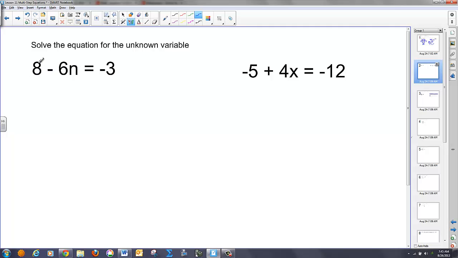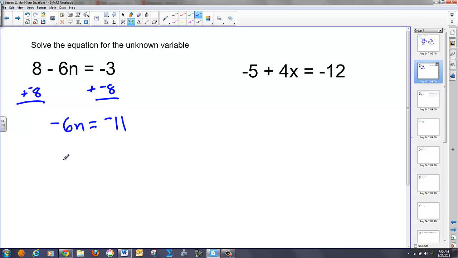If I want to undo a positive 8, I have to add a negative 8 to it. So I will add a negative 8 to this side. 8 plus negative 8 goes to 0. I'm left with a negative 6n is equal to negative 3 plus negative 8, same sign. So I keep the negative, add the two numbers, and I get negative 11.